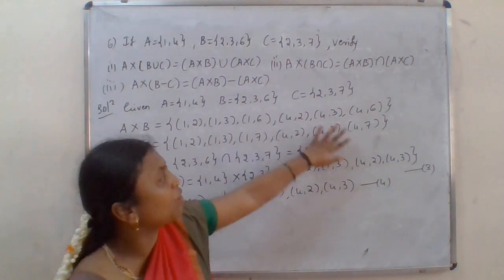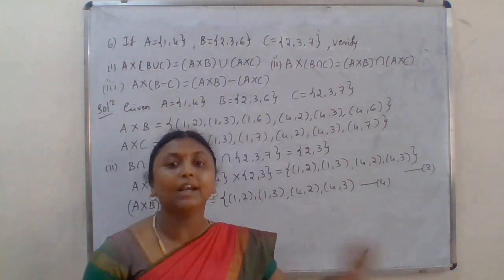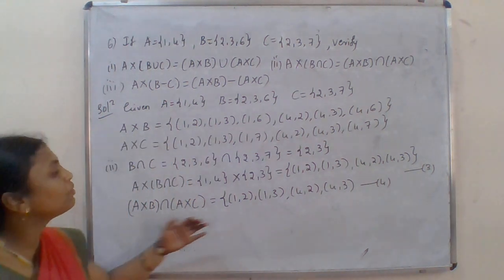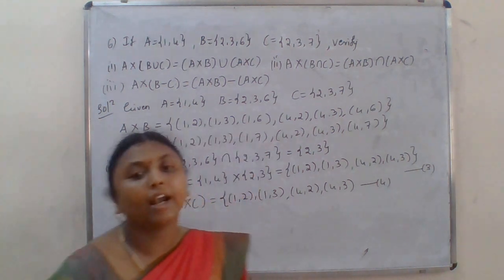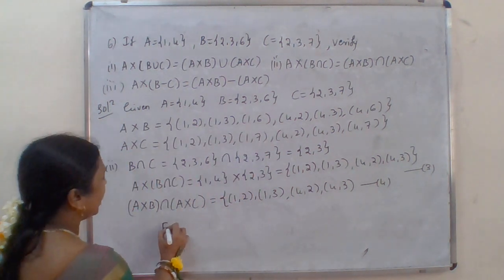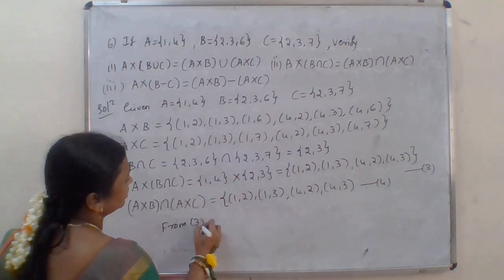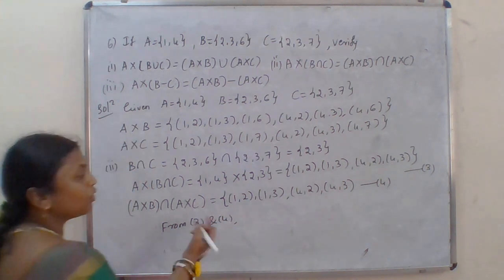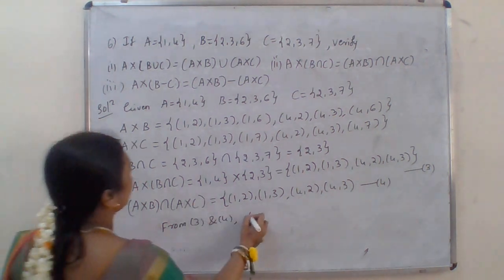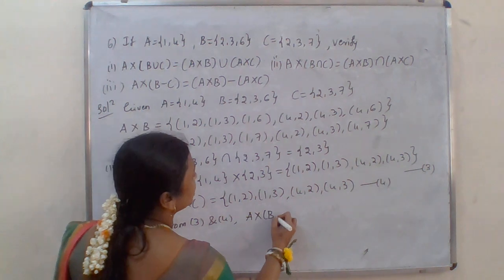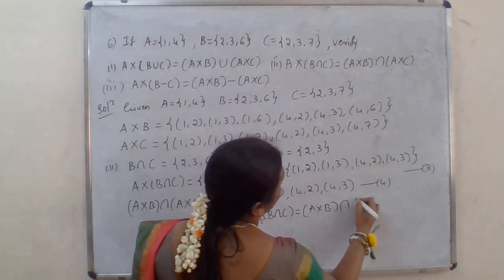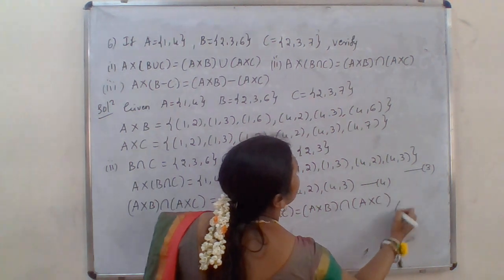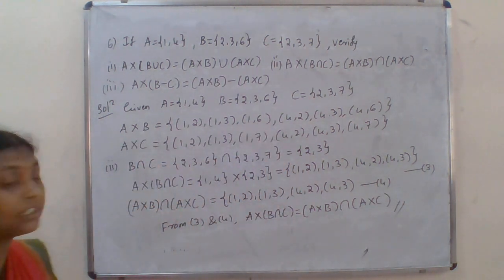Next 4 2, 4 3 are common in A cross B and A cross C. Call this equation number 3 and equation number 4. So from 3 and 4, it is clear that A cross B intersection C is equal to A cross B intersection A cross C. This is the proof. Second solution.